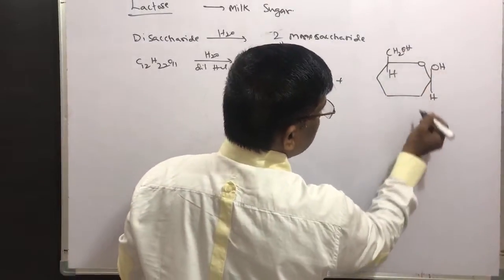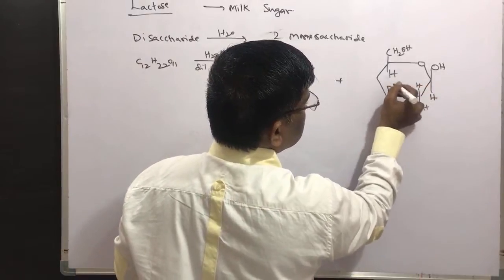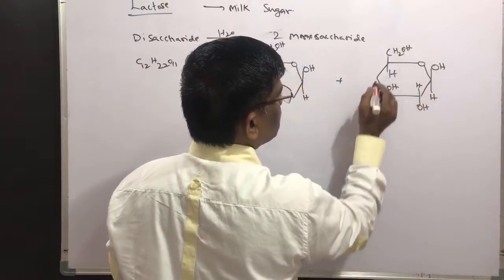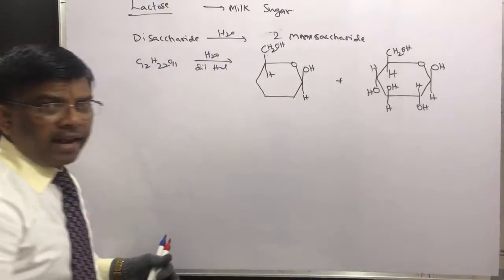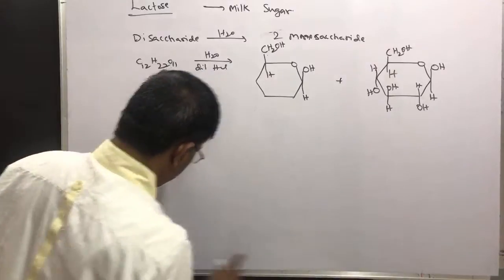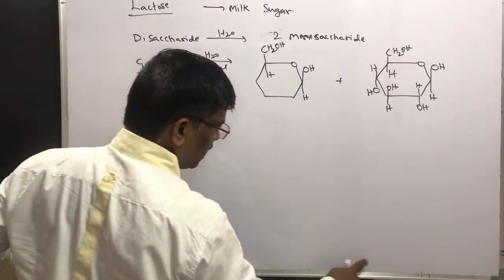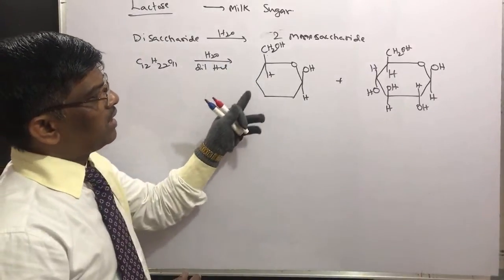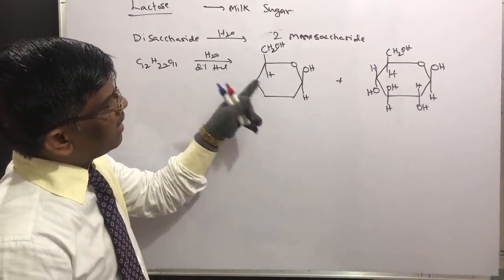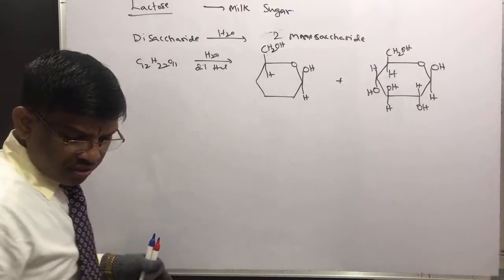One, two, two is on the right side, and this is inside, and this is down. Yes. So galactose, where do we get it? The difference is only here, right? So how to write?